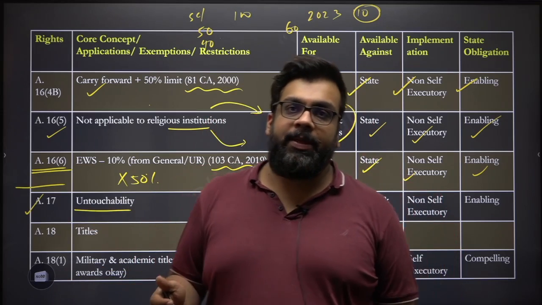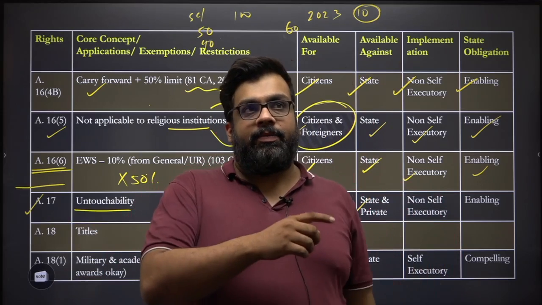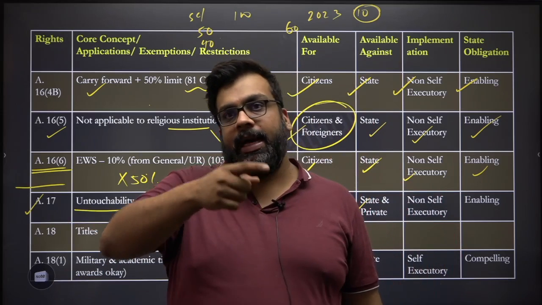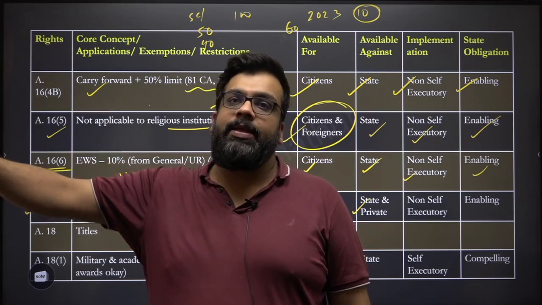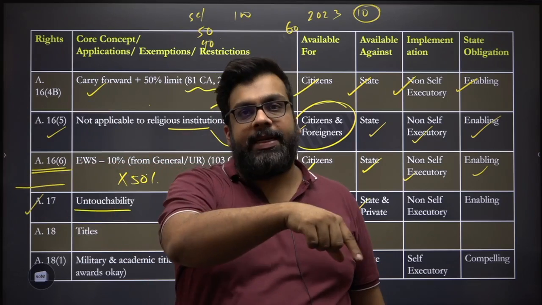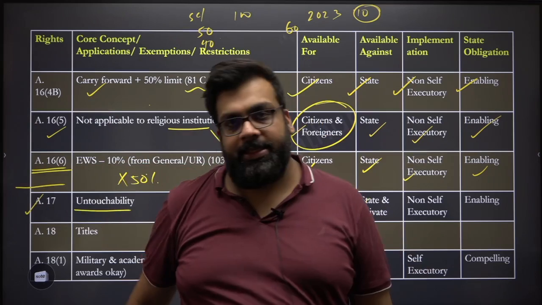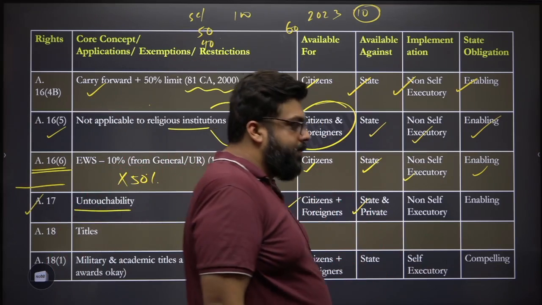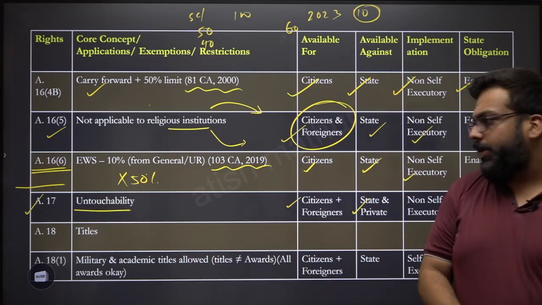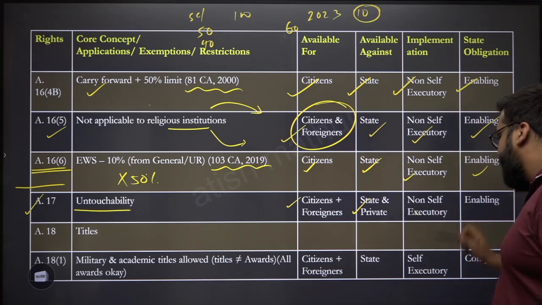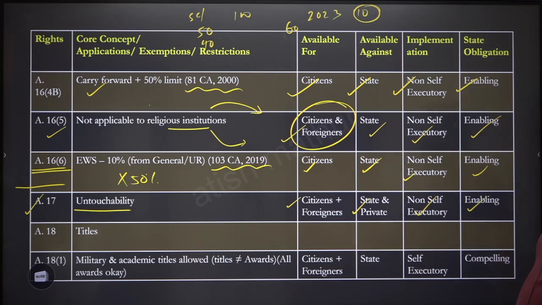So what you could possibly do is file a writ of mandamus asking the court to direct the nearest police station to take appropriate action against the instance of untouchability that you are trying to report to the court, right? And of course this would be non-self-executory in nature and is of course enabling in nature.